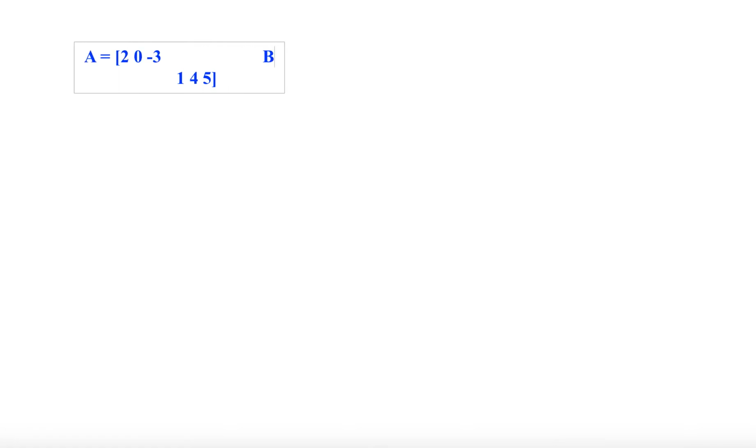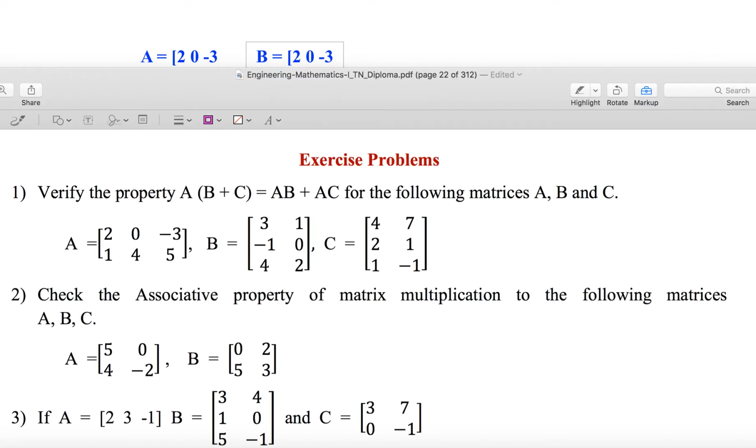What about B? B equals 3 1 minus 1 0 4 2.